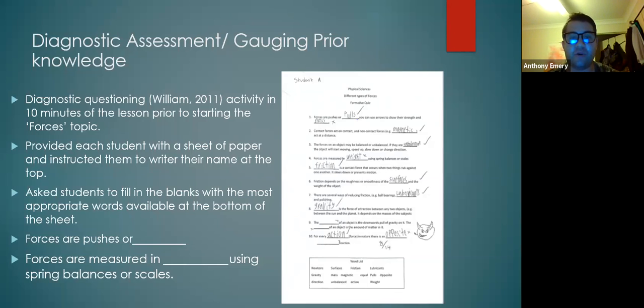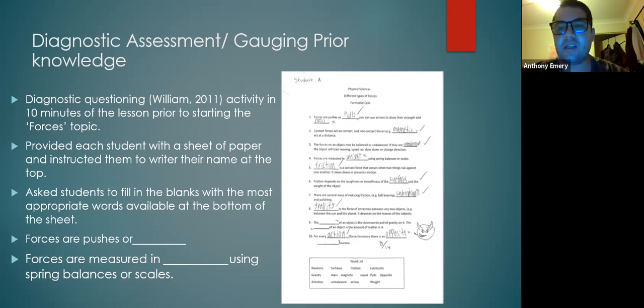I've de-identified them and actually allocated them a student letter, so student A. I'd ask students for this activity, you can see, to fill in the blanks with the most appropriate words available at the bottom of the sheet. At the bottom of the sheet, there was a word list, and once they filled the word in, they were then required to cross it out until all of the words were used up, using the most appropriate words.